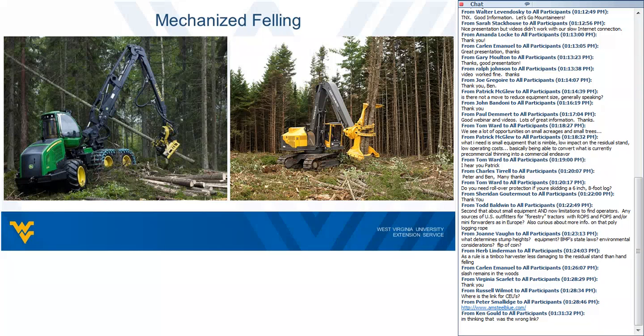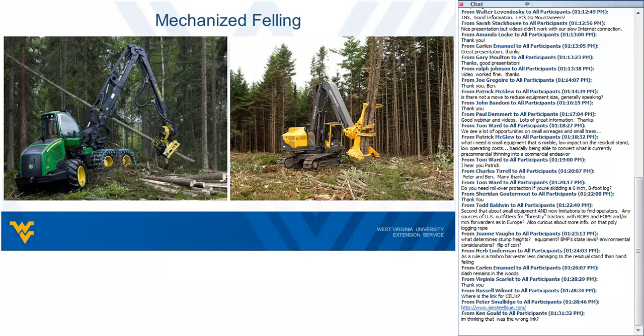The more dense it is, the harder it is to do that. So in general, I think the risk of damage is higher whenever you have mechanized felling, especially with a Timco or some sort of harvesting equipment in there, because you're adding both the felling equipment as well as the skidding equipment, whereas with hand felling, you just have the skidding equipment in there.